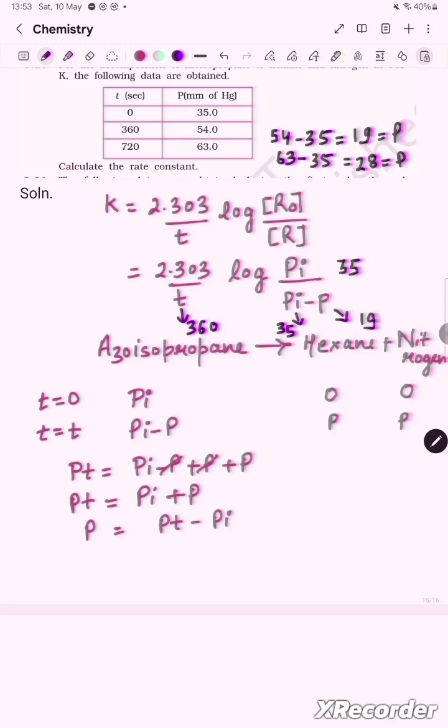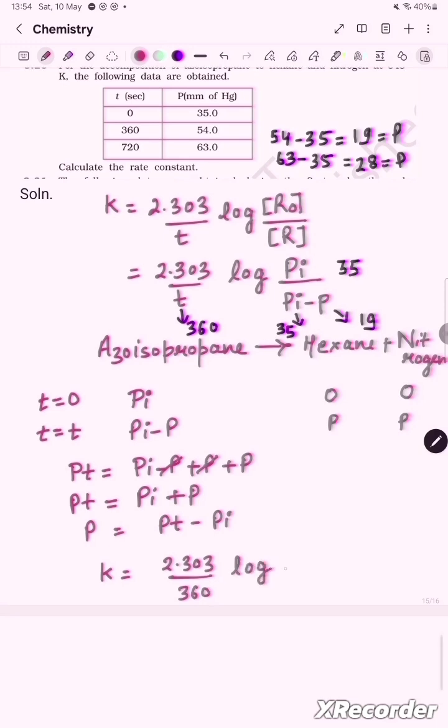After putting this we get k is equal to 2.303 upon 360 log Pi, which is 35 in the first case, upon Pi minus P, which is 35 minus 19.